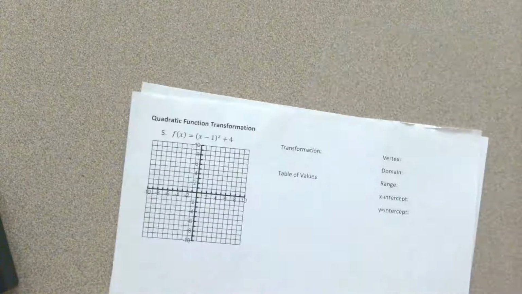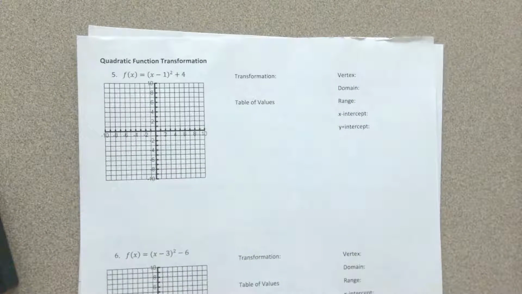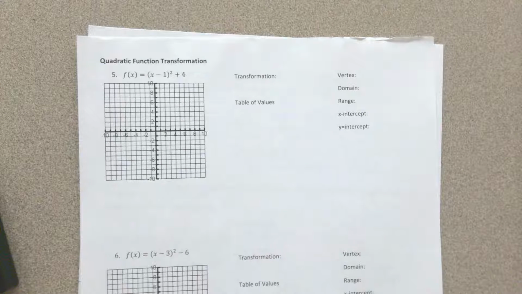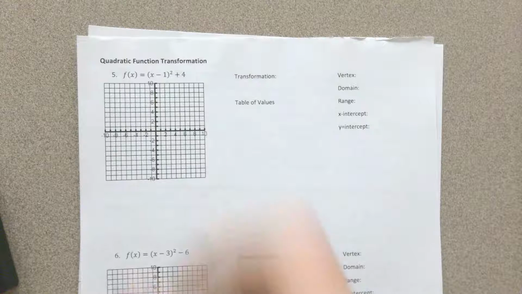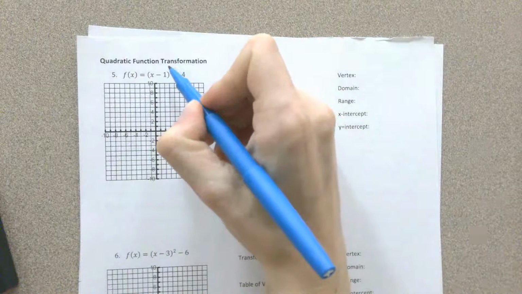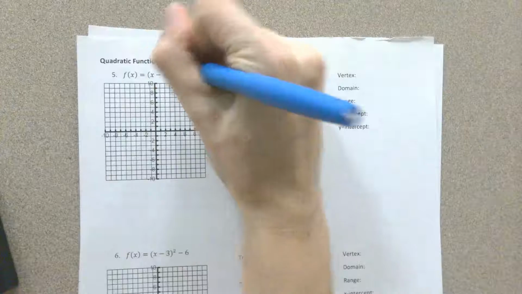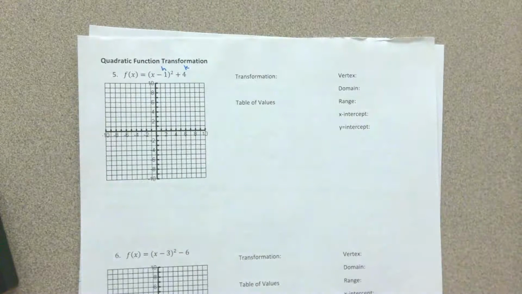And we did quadratics. So same type of situation here. In this case, we have a quadratic function. So we know a quadratic when we see the square right here. And we have an h and we have a k. Okay.